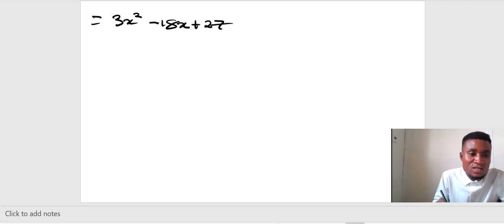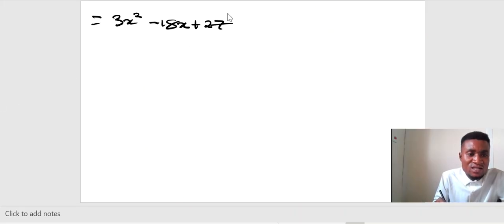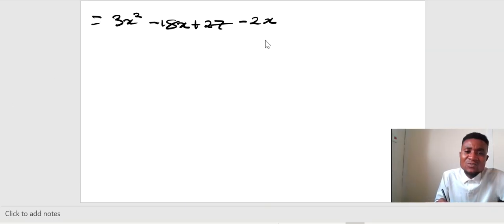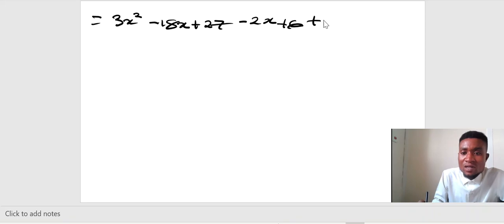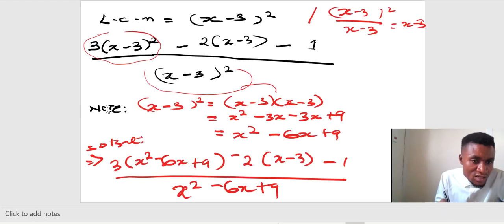Now multiply minus 2 by x, you have minus 2x. Multiply minus 2 by minus 3, you have plus 6. Remember the last value that we have there is 1, so we have plus 1. All divided by x squared minus 6x plus 9.